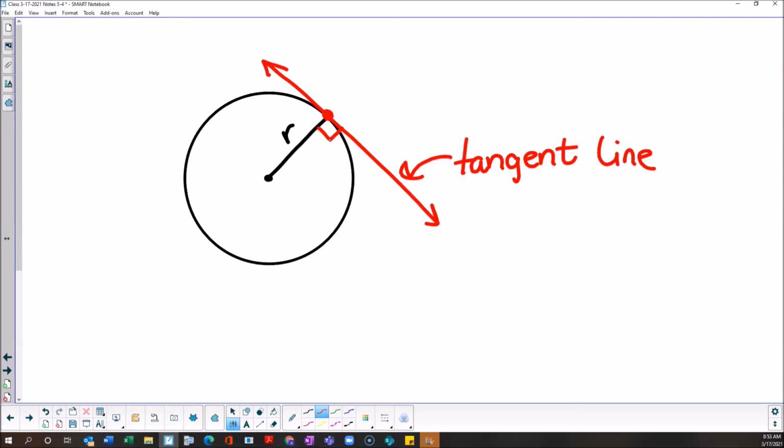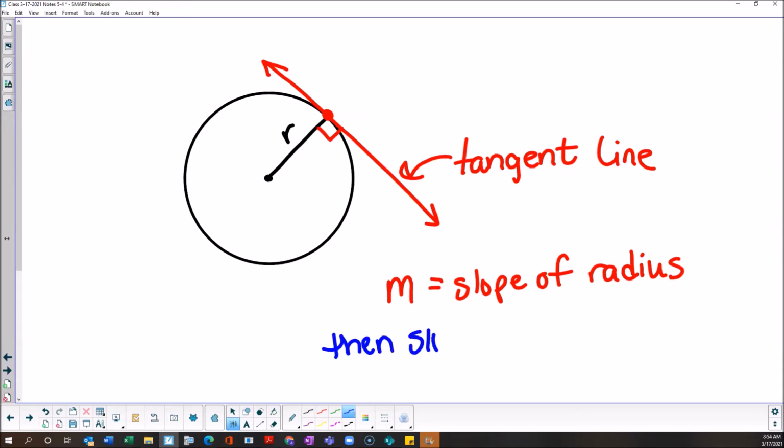And when you have two slopes that are perpendicular, so if I have the slope, and we'll call it M, is the slope of the radius, what would be the slope of the tangent line? You would use point-slope for this, right? How would I write the slope of the tangent line?